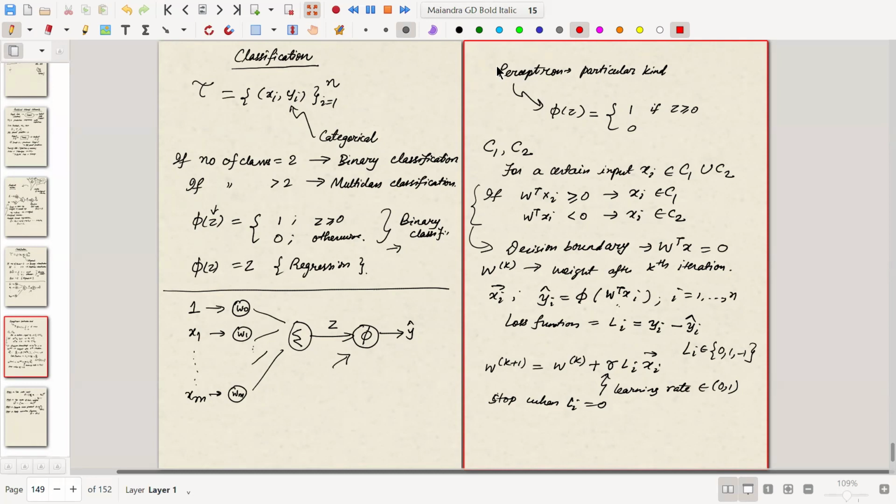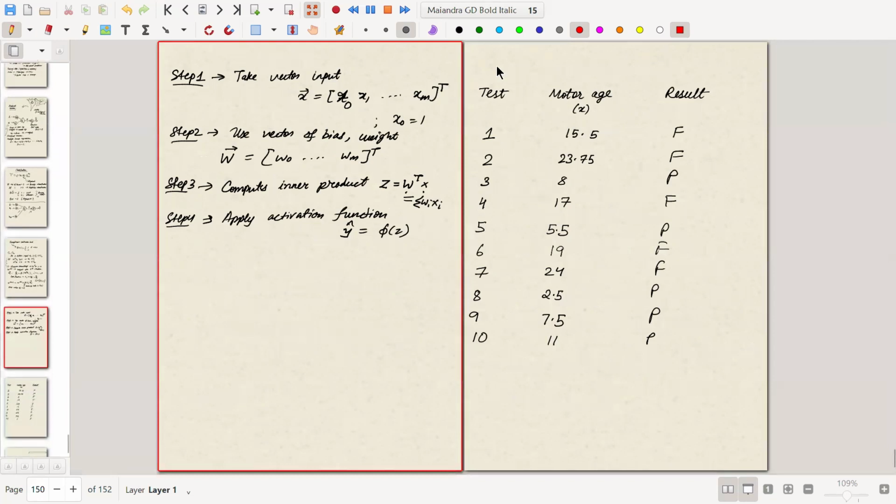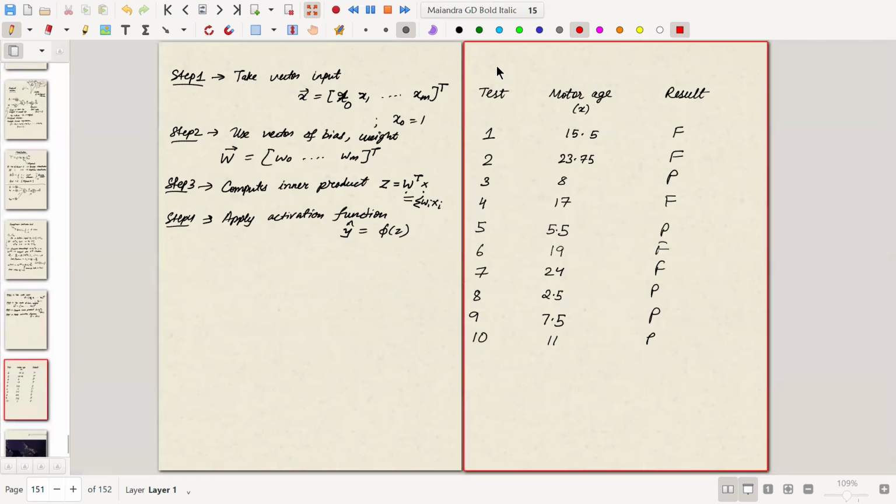So this is one example for you. I will show maybe in Python. Every time in your house, you turn on the motor to bring the water into your water tank, right? And then you use the water. So this is the motor age.